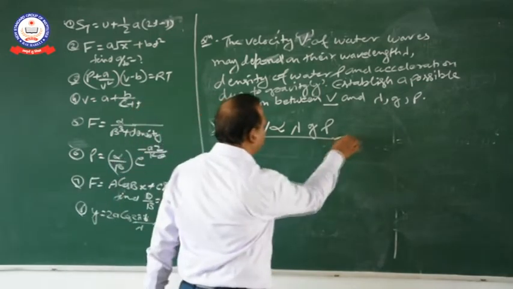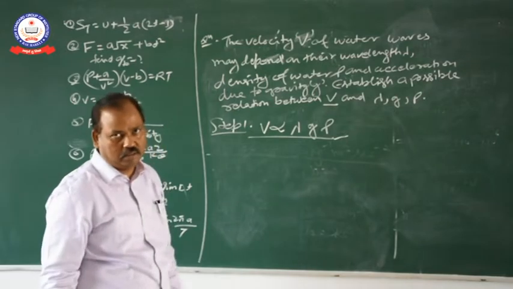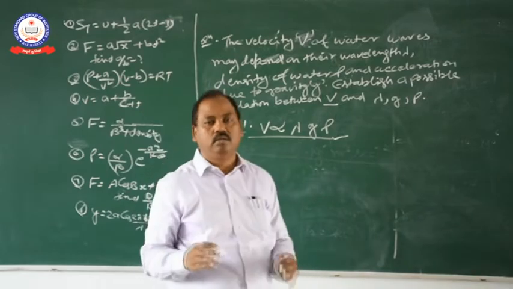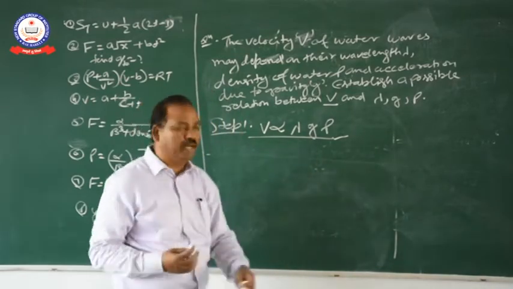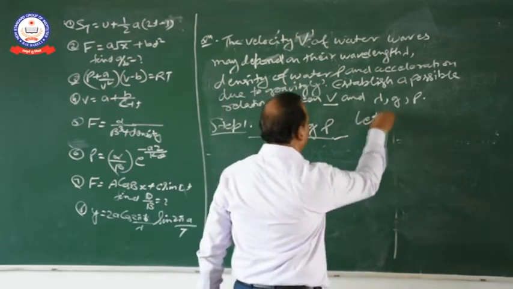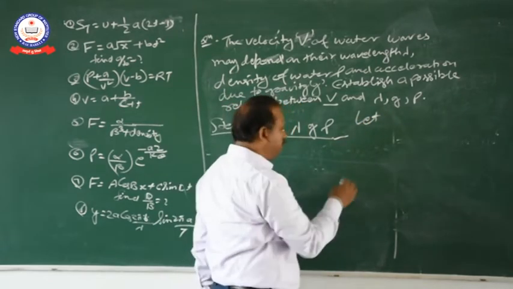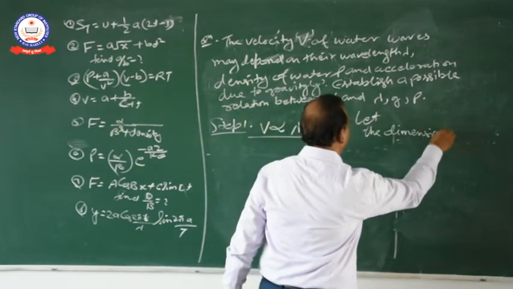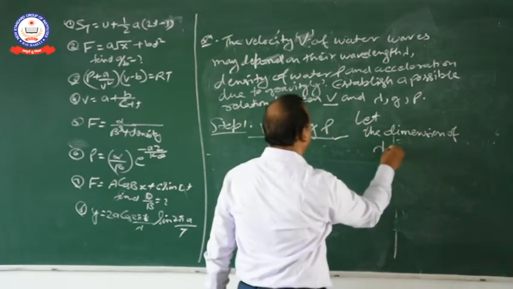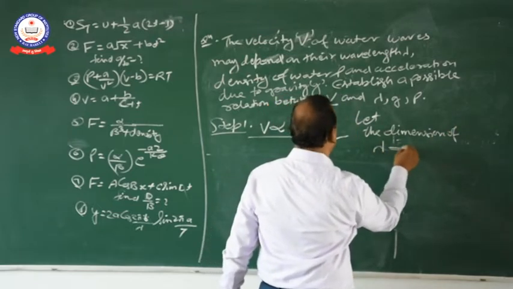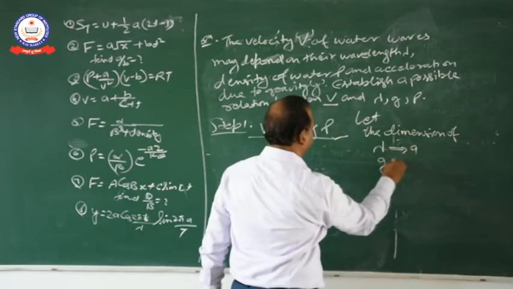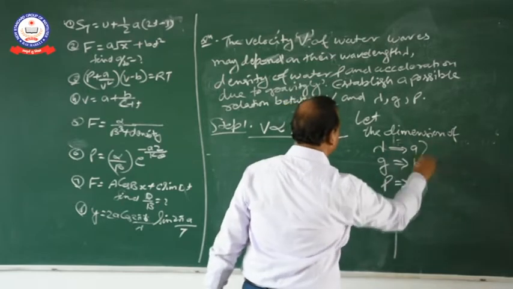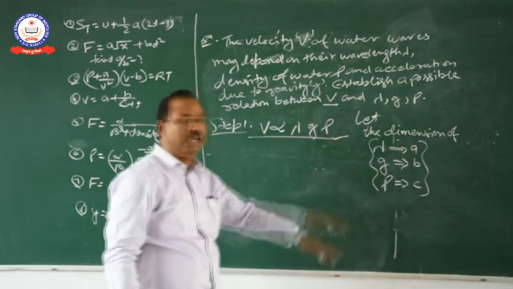But it is not a complete relation, because here you don't have the dimensions of these. So let the powers of lambda be A, g be B, and rho be C. These are the powers you let.